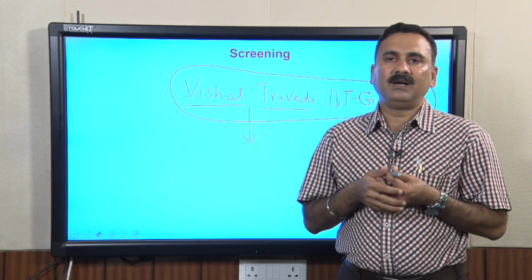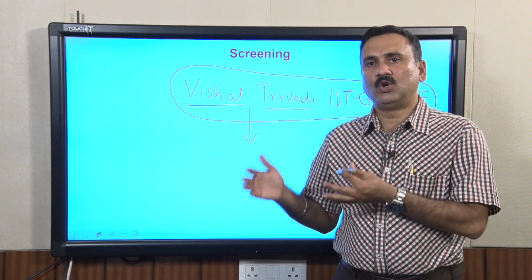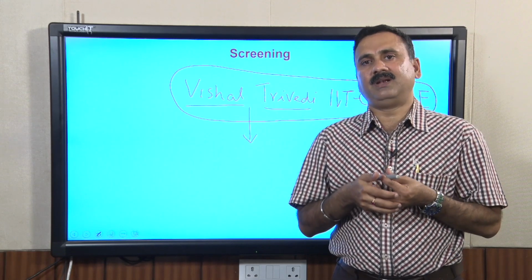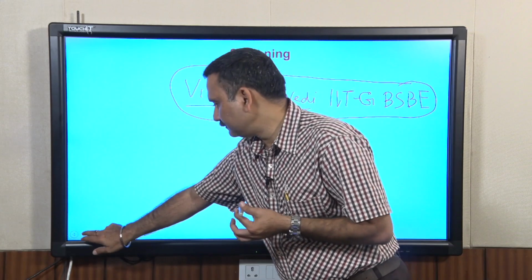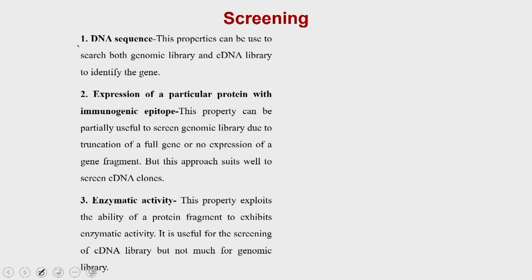So, for screening of different clones of the genomic or the cDNA library, we have 3 different analytical tools which can be used. What are the different tools? We have the DNA sequences.